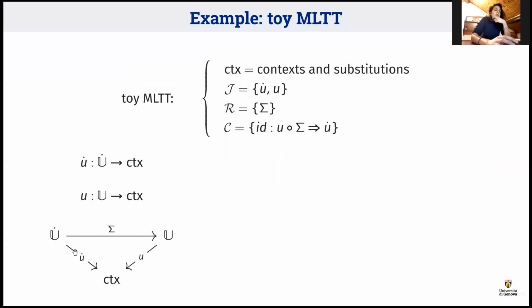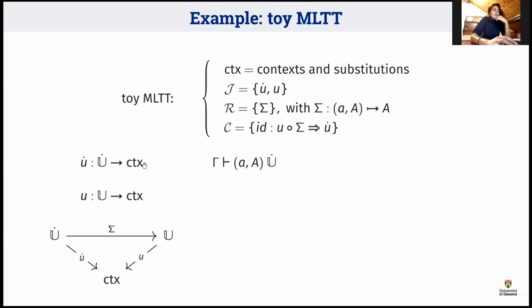As a rule, consider sigma, and ask that it commutes in such a way, witnessed by the identity in C. We think of sigma as a kind of projection, meaning that in u dot we collect pairs of terms and types, putting every term together with its type, so that we can allow the same term to be of two different types.